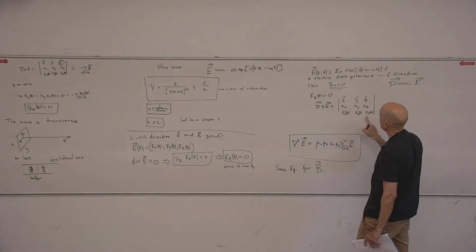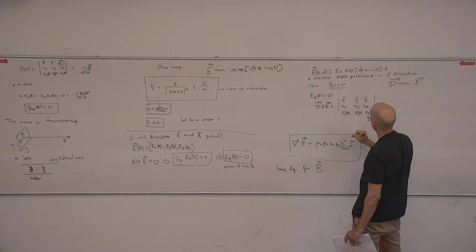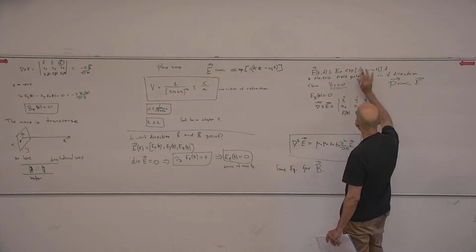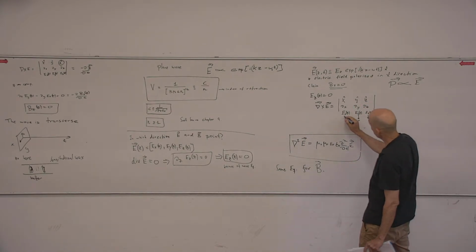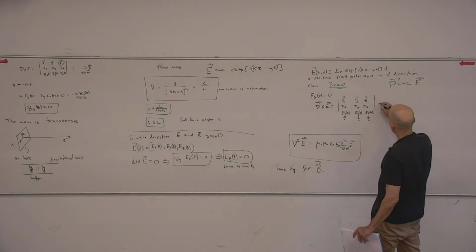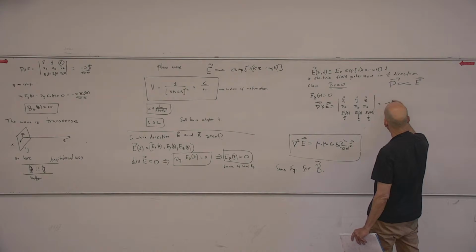But what is this one? 0. This is 0. And what is this one? Also 0. And this one is given up here. This is not 0. All this is minus dB/dt.